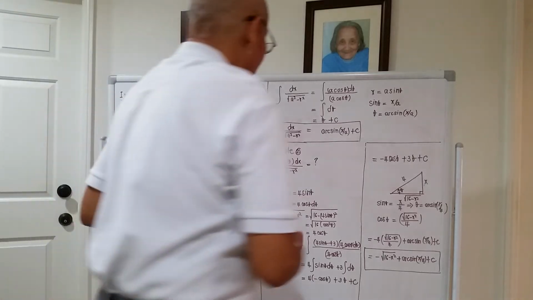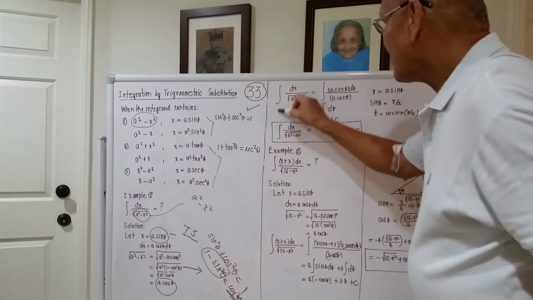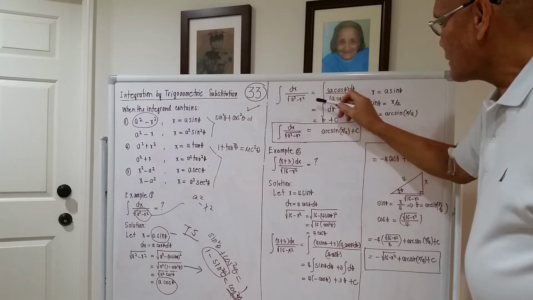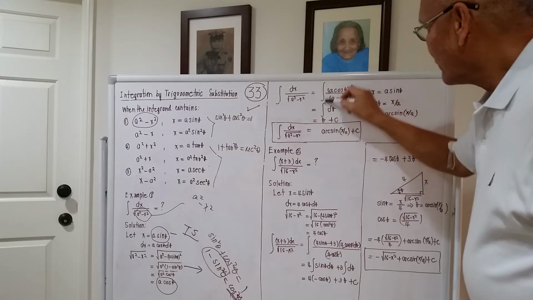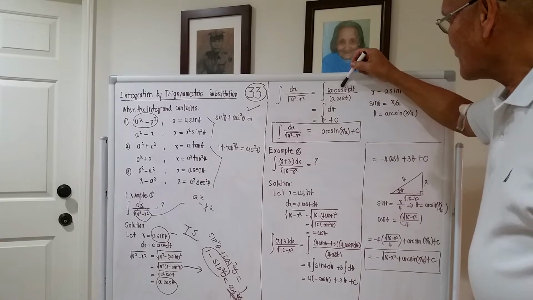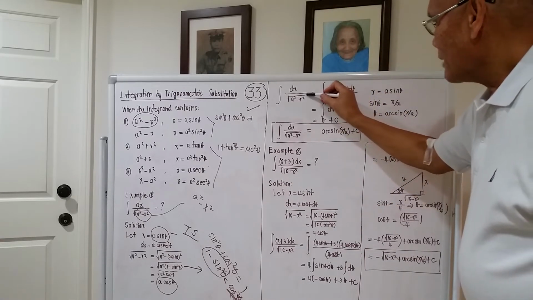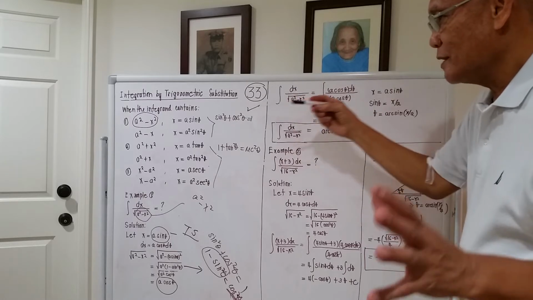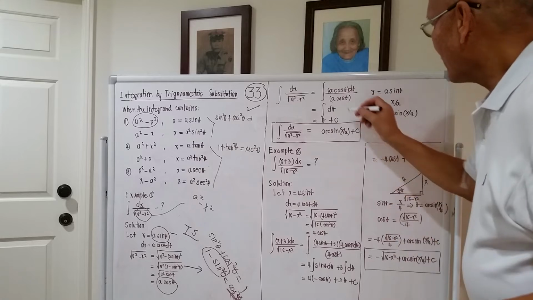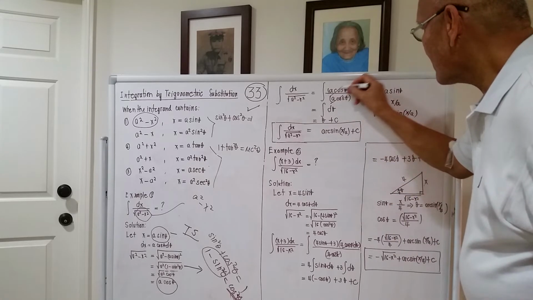Therefore, the integral of dx over the square root of a squared minus x squared is equal to the integral. What is dx? dx is actually a cosine of theta d theta. And the equivalent of the radical in terms of the trigonometric substitution is a cosine of theta. Luckily this term here cancels with this.